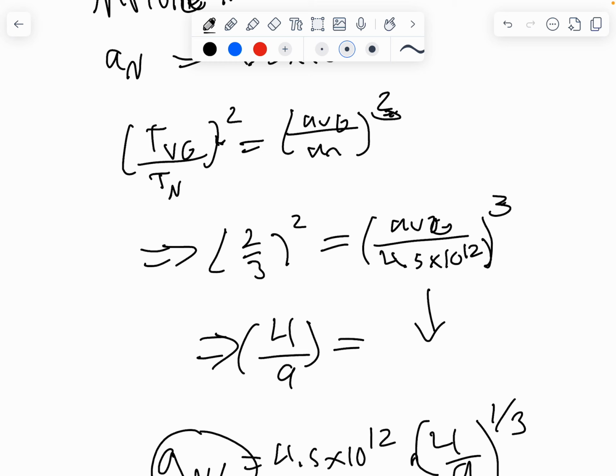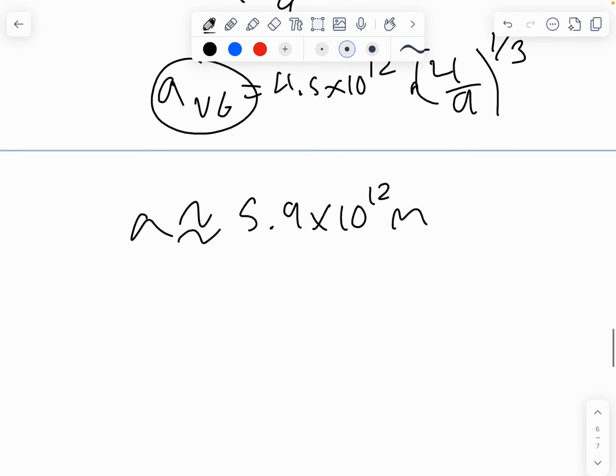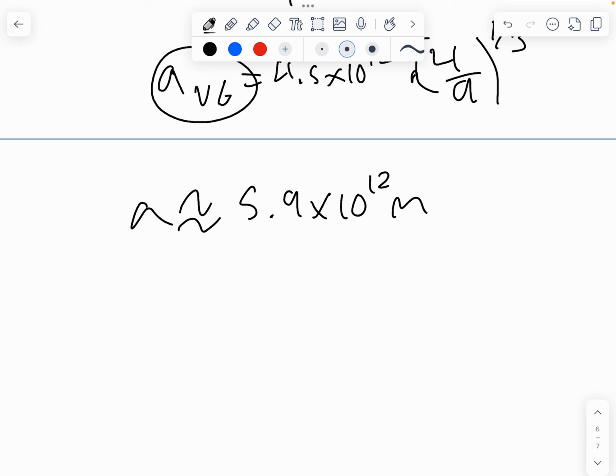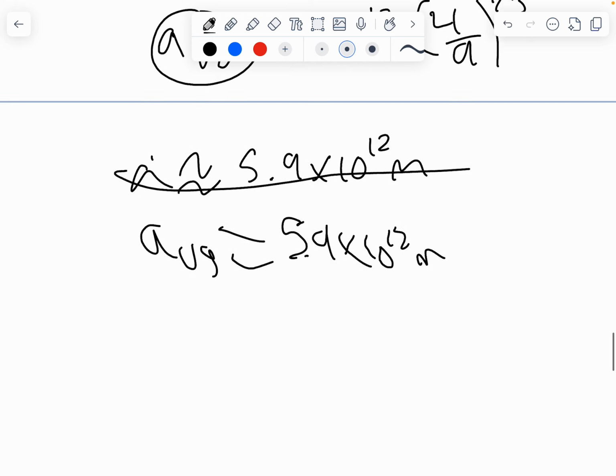So you're just going to have to take the cube root of this side. And the main term we were trying to find is A_VG, because that would be the semi-major axis of VG. So that is how you found the semi-major axis.